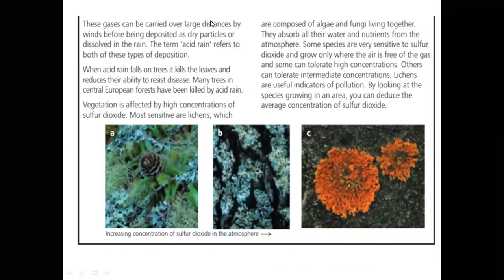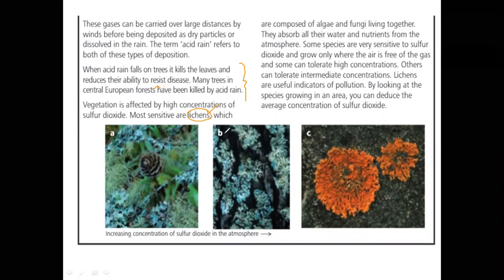The first effect of acid rain is that when acid rain falls on trees, it kills the leaves and reduces their ability to resist disease. Many trees in Central Europe forests have been killed by acid rain. Also, it can affect algae and fungi, especially the association of algae and fungi called lichen.